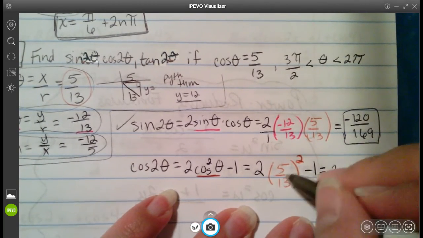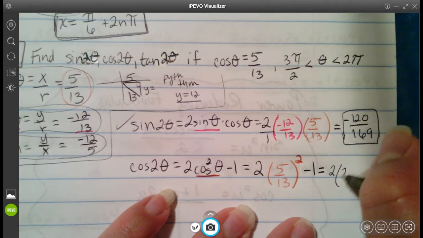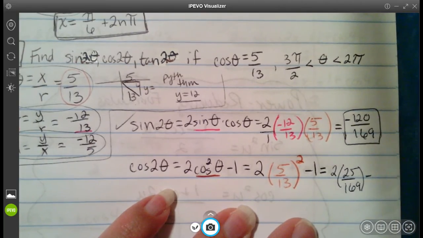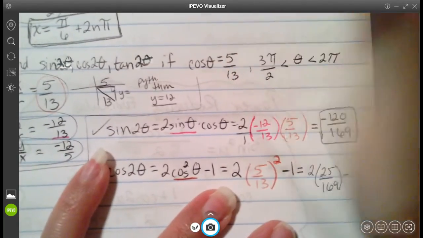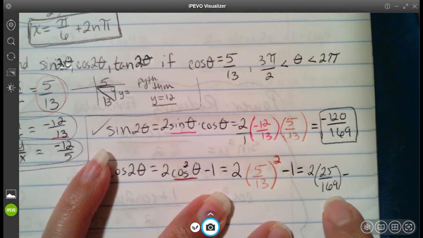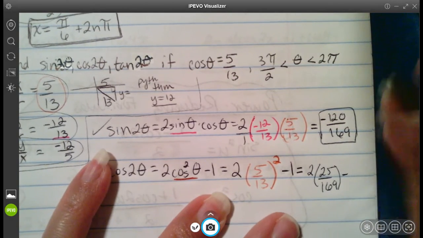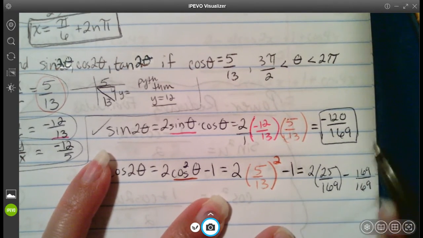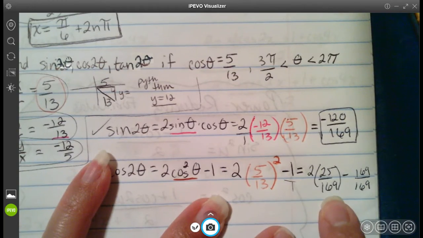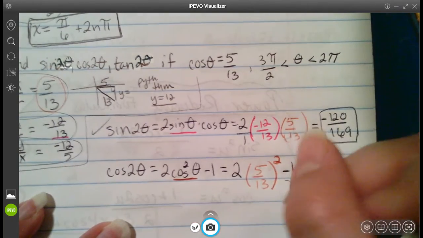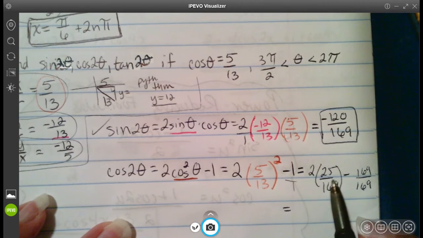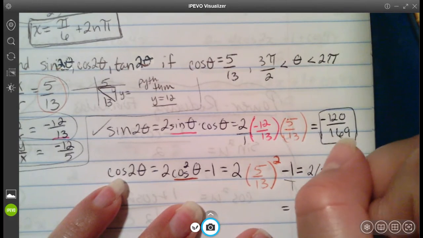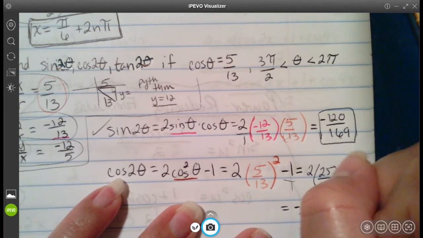You would have 2 times, we square this, so we get 25 over 169 minus, I'm going to go ahead and do this in one step here. If you want to have same denominators, this should be a 169 also, right? So you're thinking 169 over 169. Because if it's just a 1, you just put it over 1, multiply times the same denominator. And that is going to give us, after we work it out, 50. 2 times 25 is 50. 50 minus 169, you're looking at negative 119 over 169.